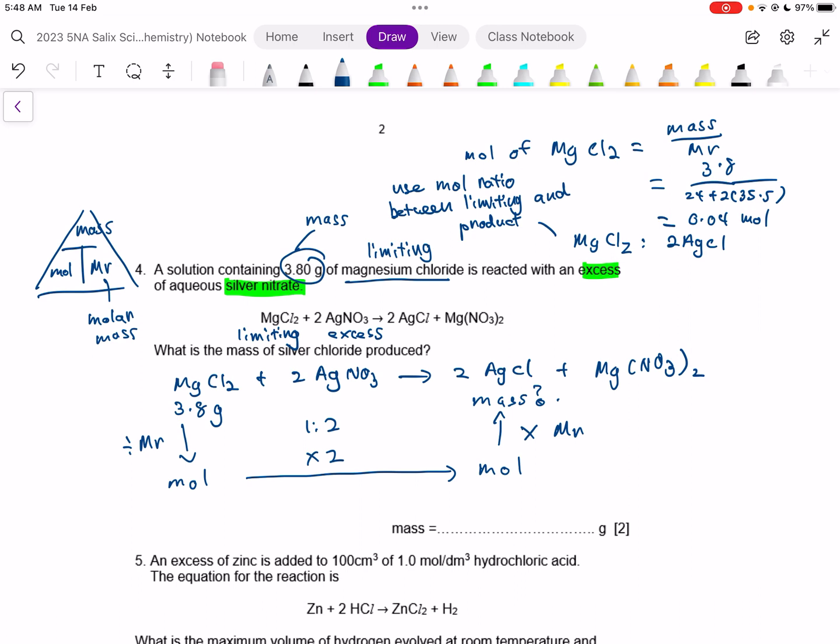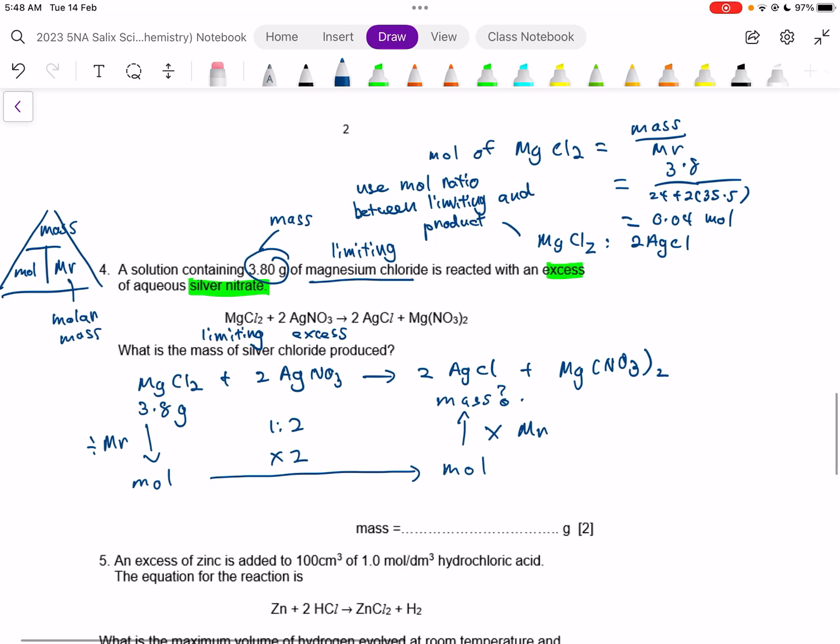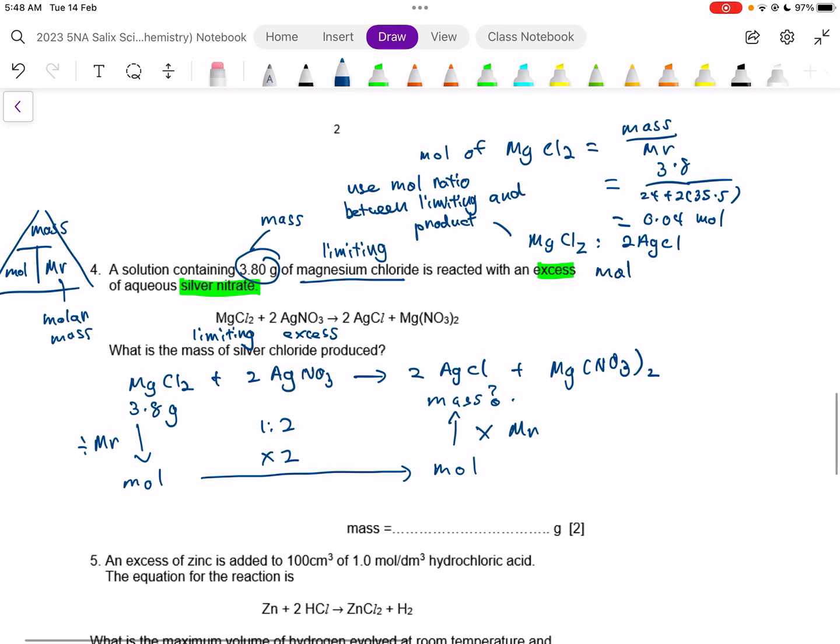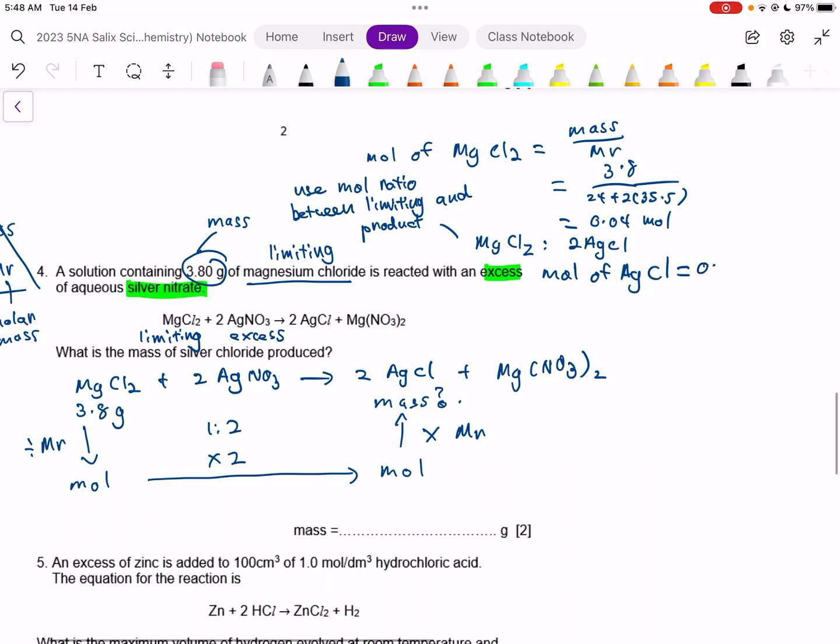Next thing I can find is the number of moles of my silver chloride, AgCl. So you get 0.08 mole.